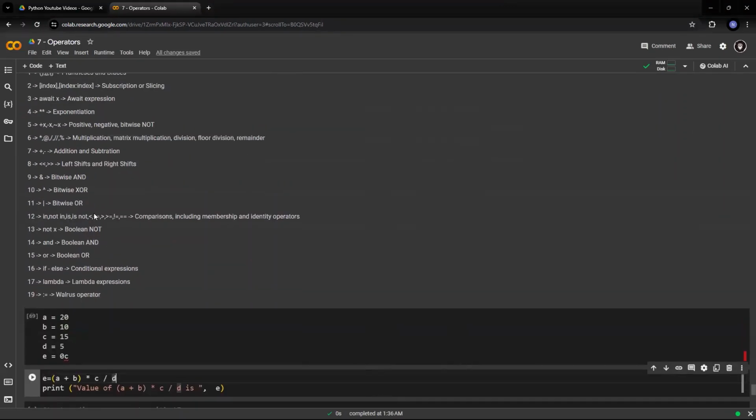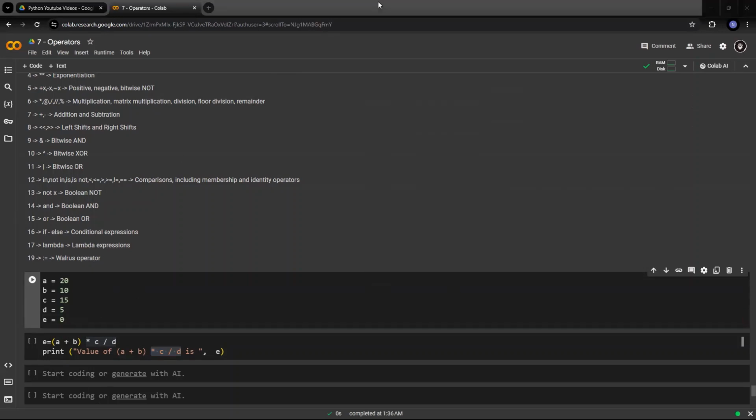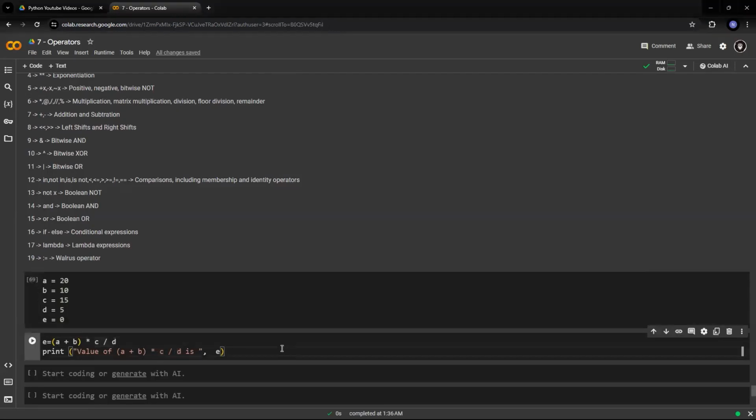And then associativity-wise, 30 into C, which is 30 into 15, which would be 450, which would be divided by 5. 450 divided by 5 would be 90. So the answer should be 90.